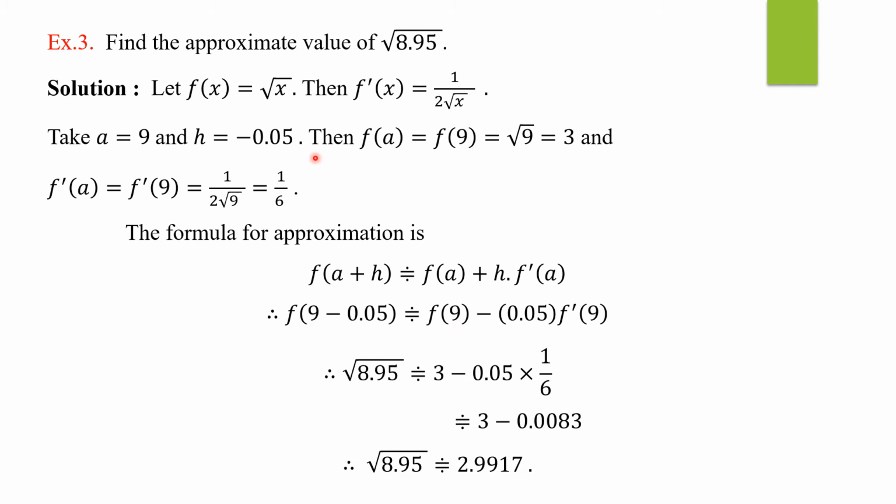Put the value of f of 9 and f dash of 9, that is 3 and 1 divided by 6. Therefore, 3 minus, here is simplification, 0.0083. Hence, root of 8.95 is equal to 2.9917.